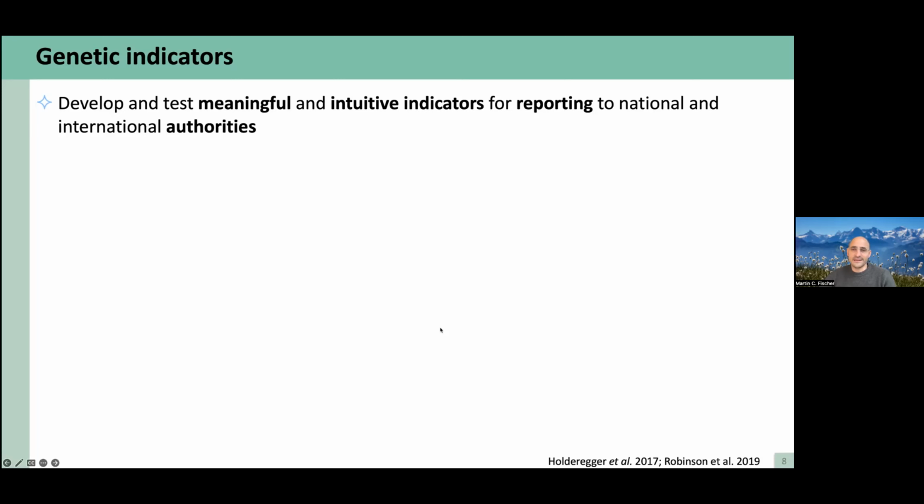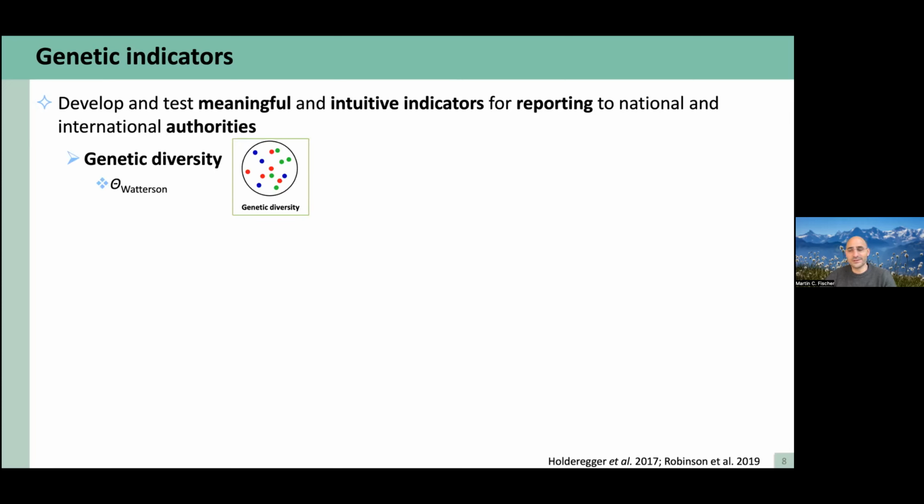So related to that, we also had a meeting to figure out what are ideal indicators which help to report changes of genetic diversity to national or international authorities. And we came up with 5 meaningful and intuitive indicators, or hopefully they are intuitive.